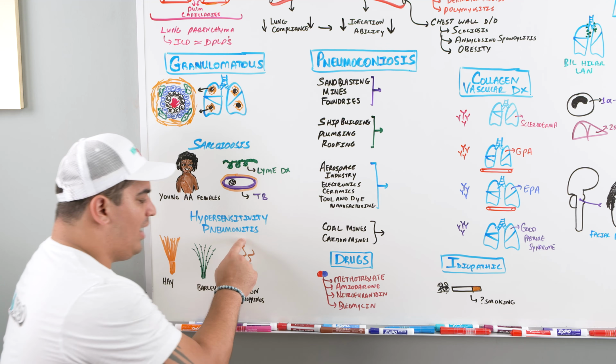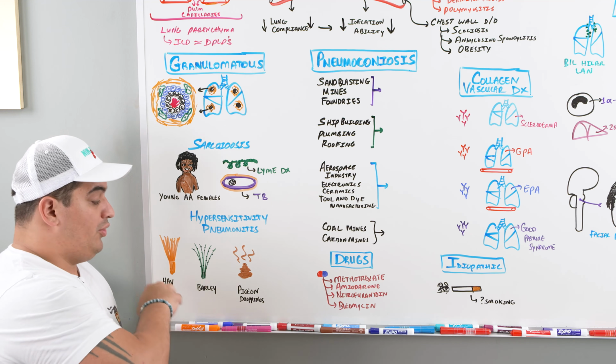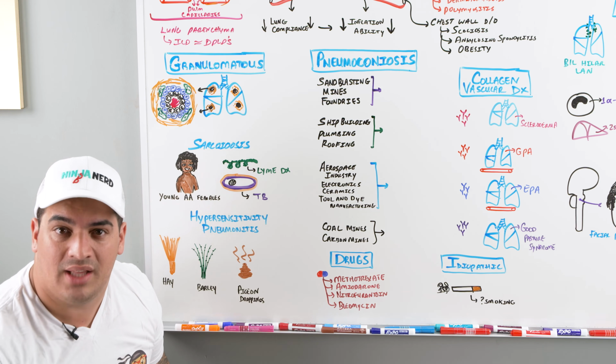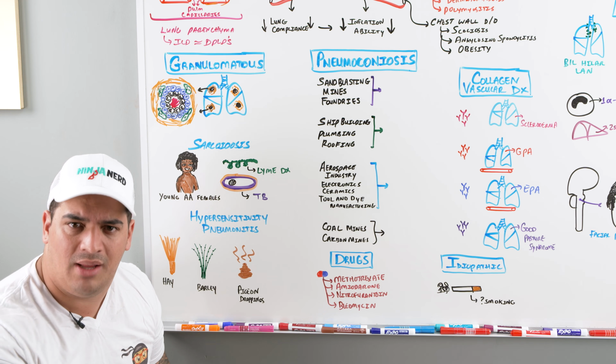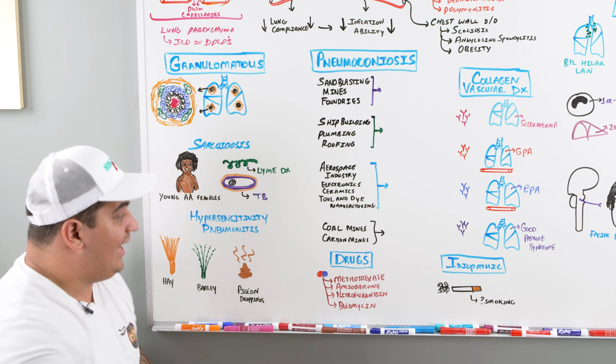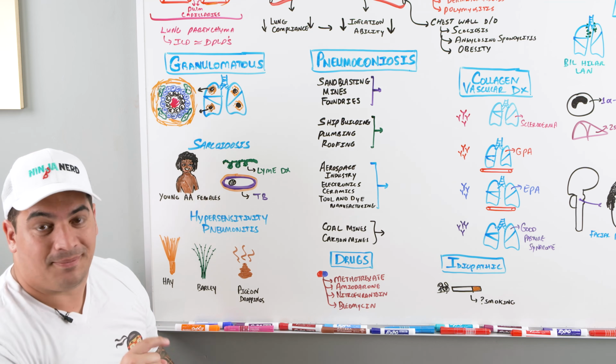So for hypersensitivity pneumonitis, think about a farmer, someone working with hay, barley, or exposed to a lot of pigeon protein, like the droppings or the feathers, which have lots of proteins that can be inhaled. And again, this can trigger a granulomatous response.